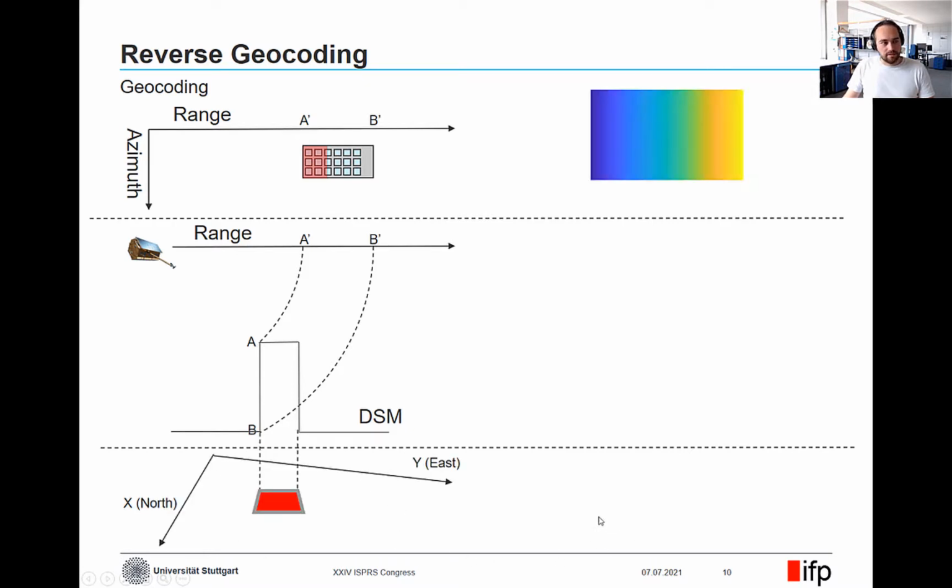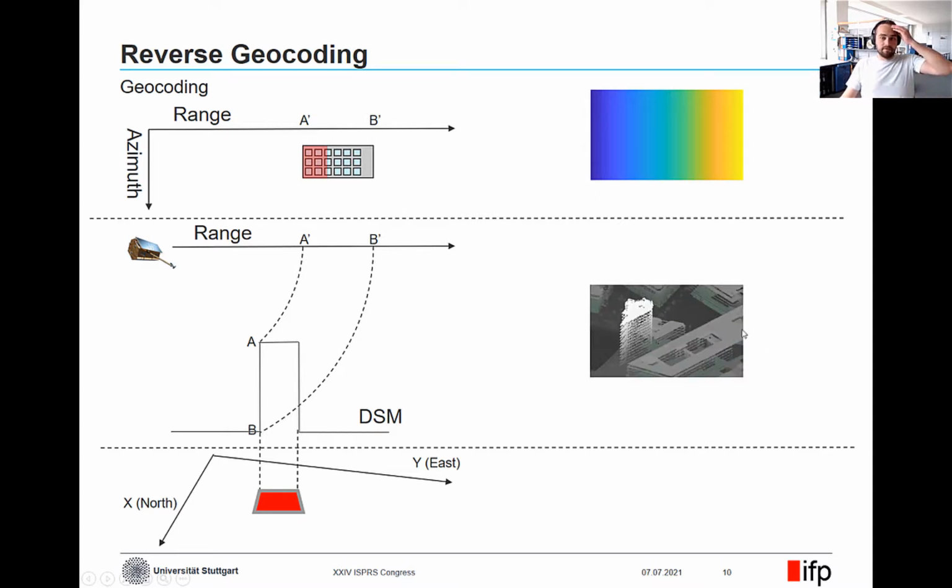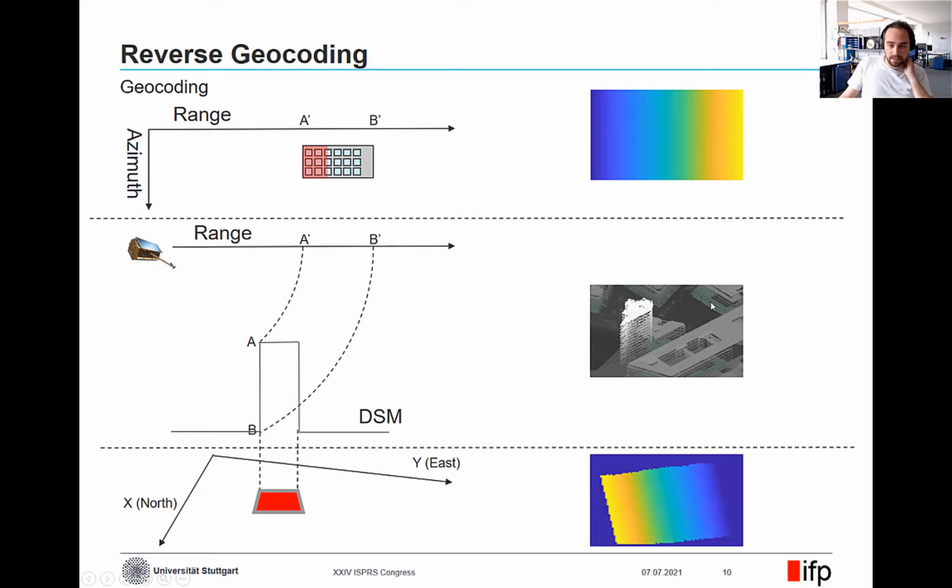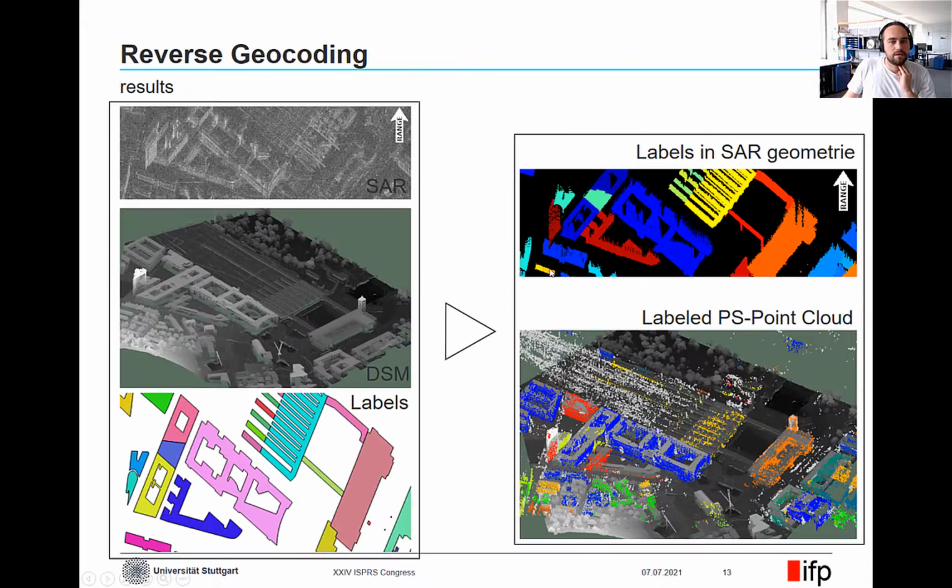We use commercially available geocoding software, and we don't geocode the range azimuth image; we geocode a lookup table with the precise digital surface model, which then gives us a relationship from the real world coordinates to the satellite image coordinates. We can use this later to generate the label maps in SAR geometry.